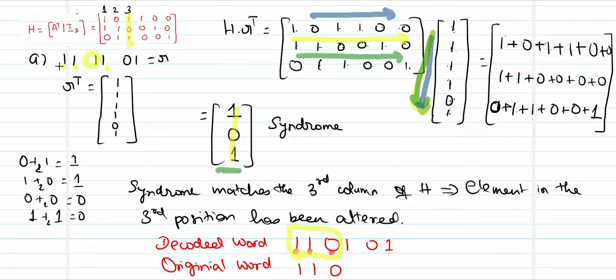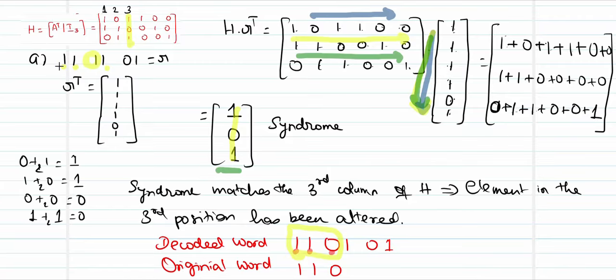For the word B, which is 1 0 0 1 0 0, my H into R transpose will be 1 0 1 1 0 0, 1 1 0 0 1 0 and 0 1 1 0 0 1. And then you flip your R, because this is going to be my R transpose, 1 0 0 1 0 0.